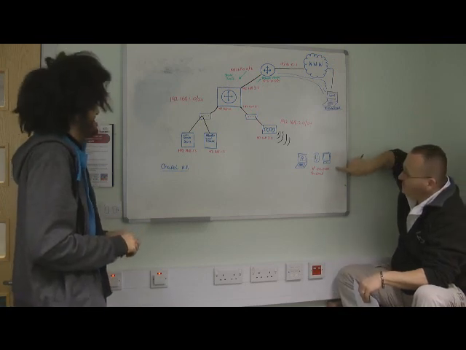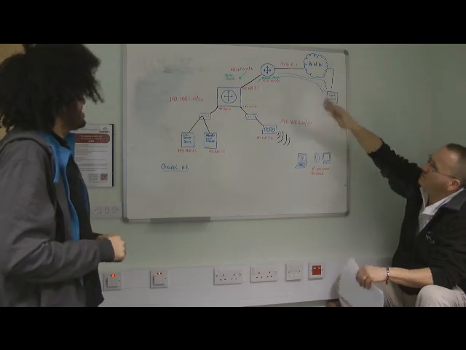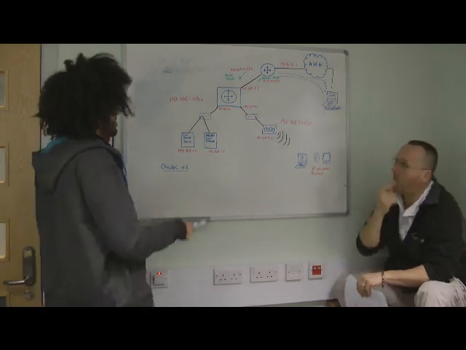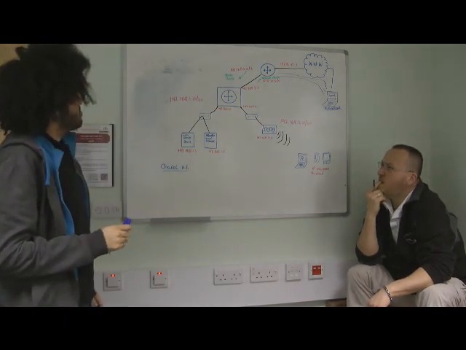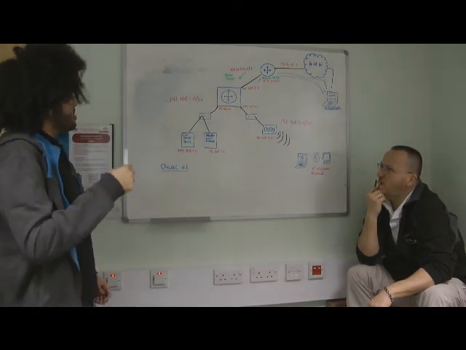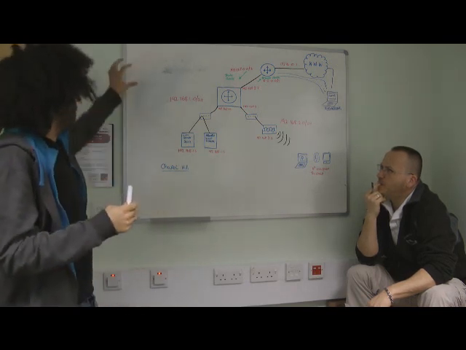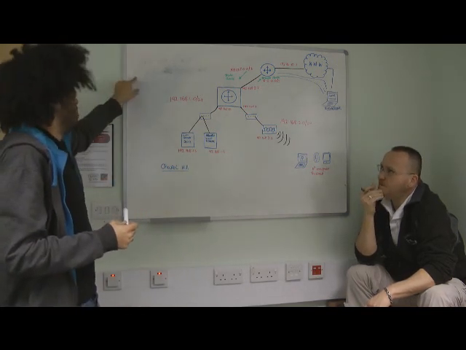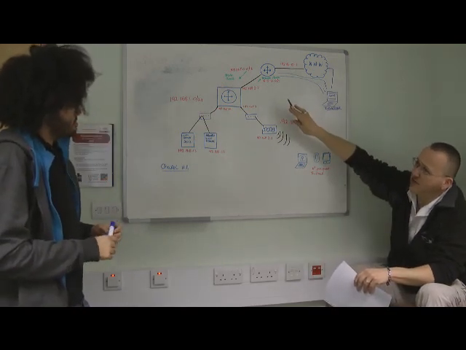How does that get translated from hellokitty.com to 192.168.0.1? Well, it'll get sent to the router. The router will have the address of a DNS server, which will convert the URL into an IP address. So we've got that translating bit of software in our router already, have we? Yeah.